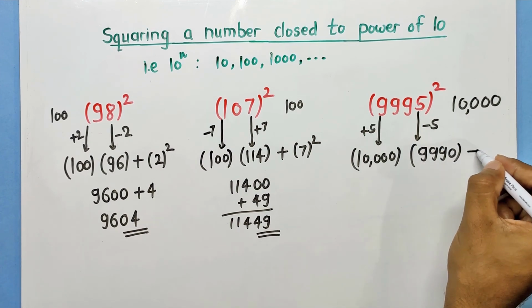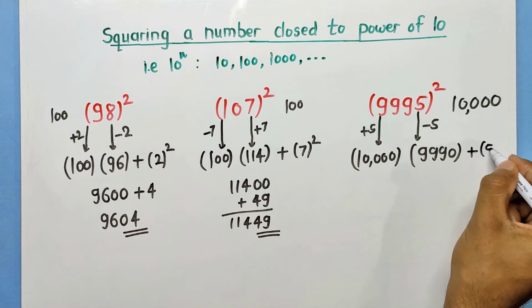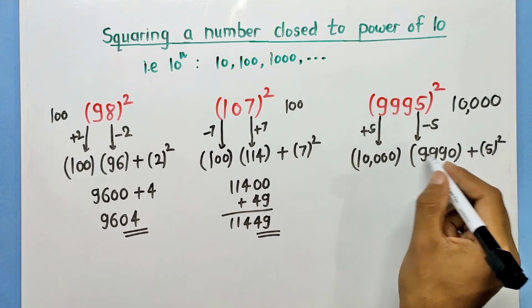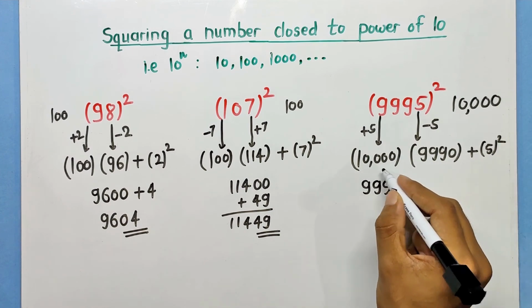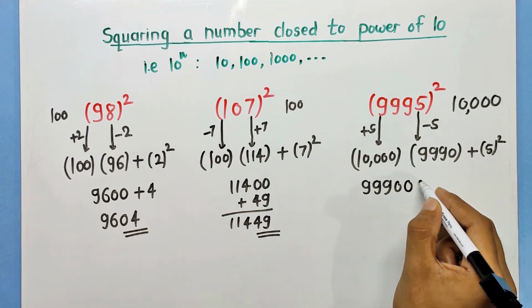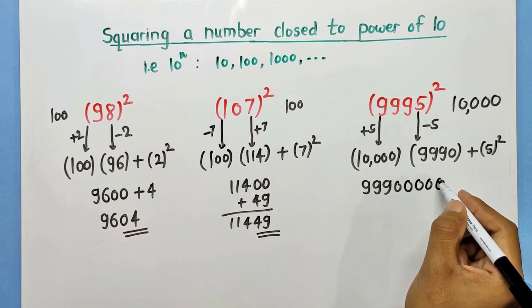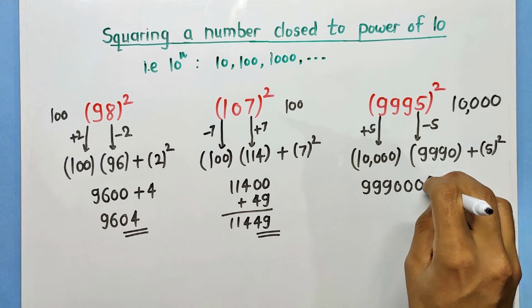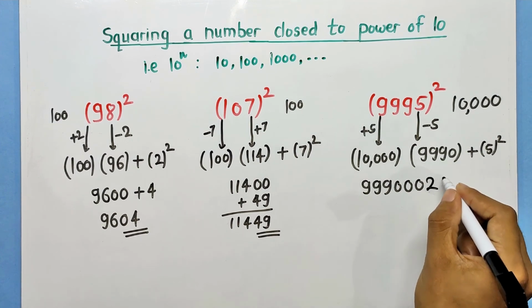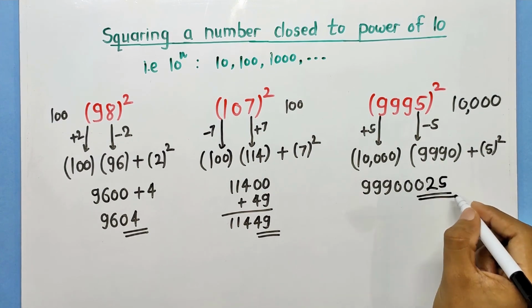And then we'll add the square of this number, that is 5 here. So this multiplication will be 9990 and this 40 plus 25. So this will be our final answer.